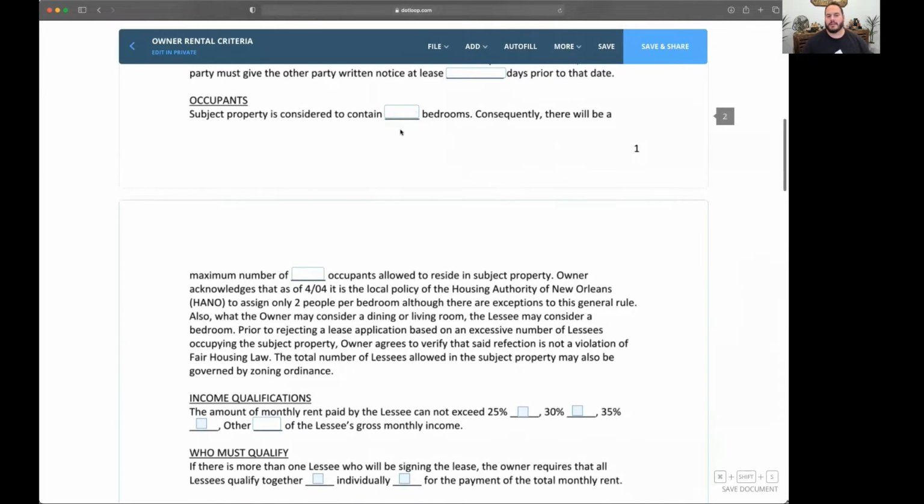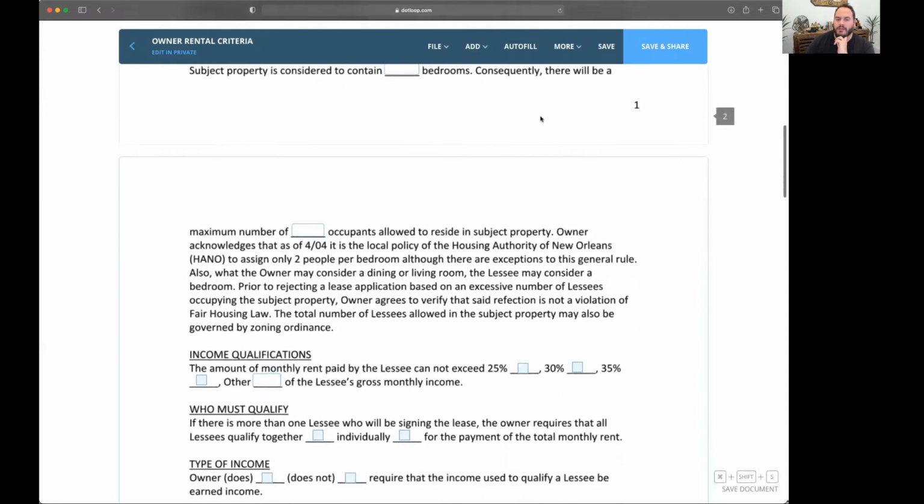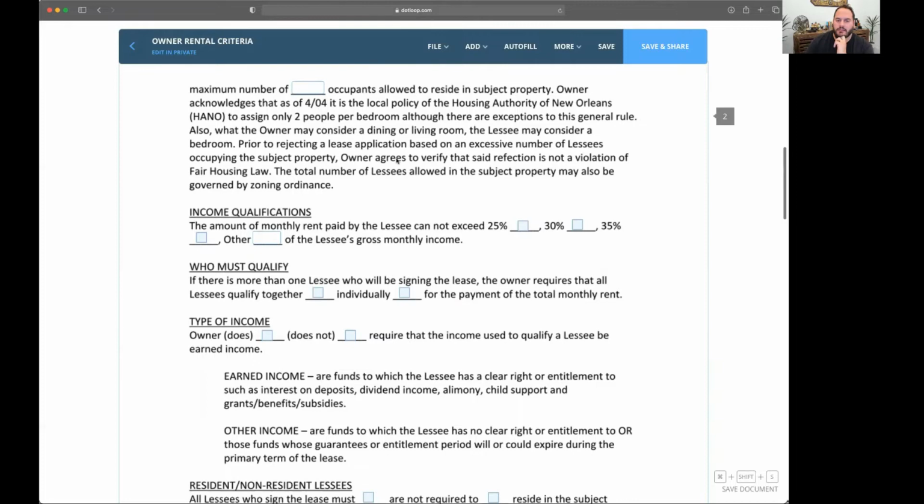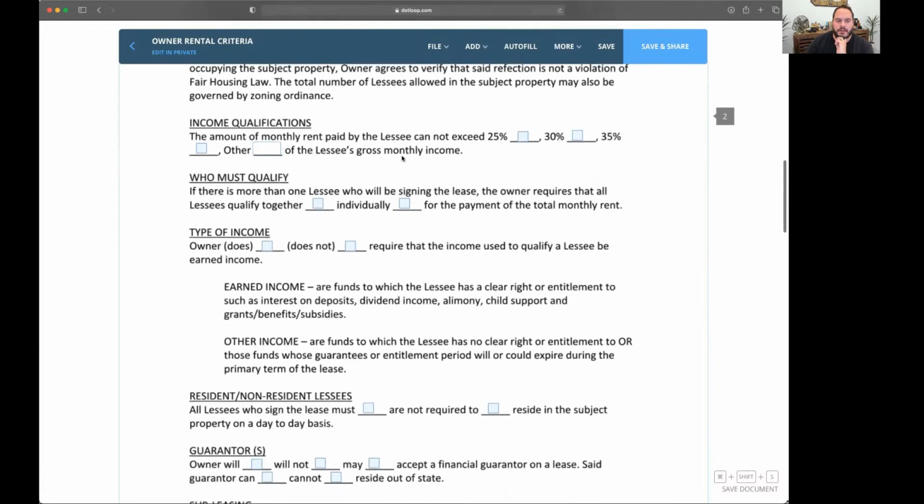Occupants, this is going to basically allow you to start honing in on what they're looking for in a tenant. So the subject property is considered to contain however many bedrooms. Consequently, there will be a maximum number of occupants allowed to reside in the subject property. This is something you should definitely read.